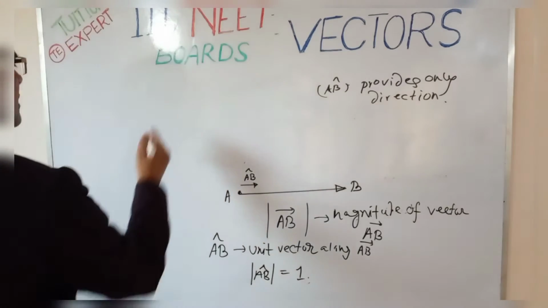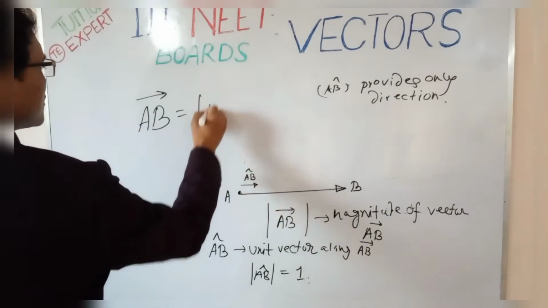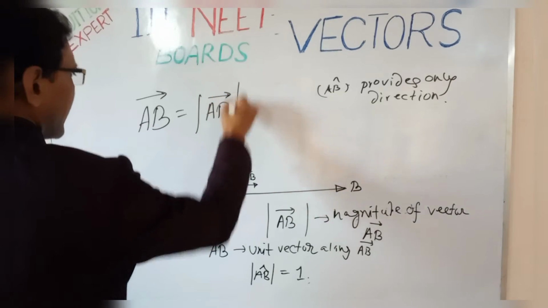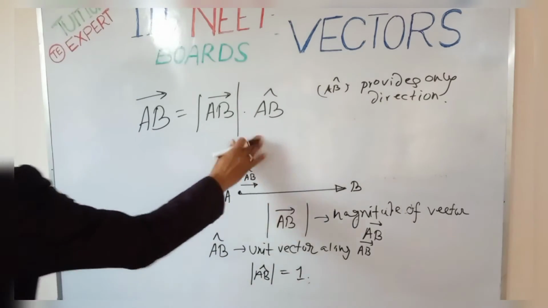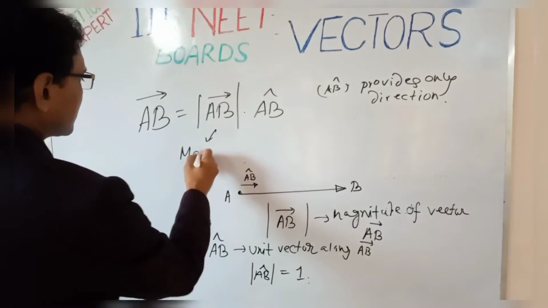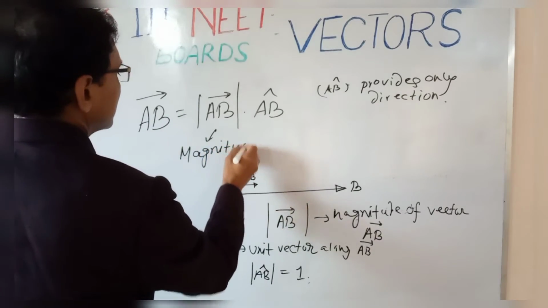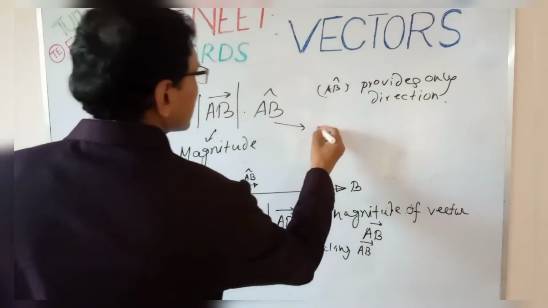Now what is vector AB? Vector AB equals magnitude and direction. This is magnitude, and this is direction. Very, very important.